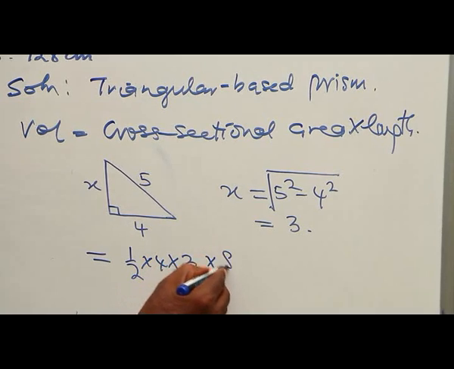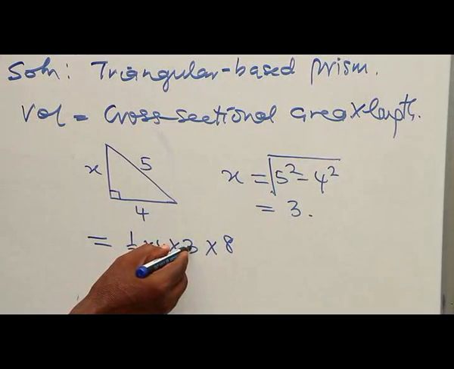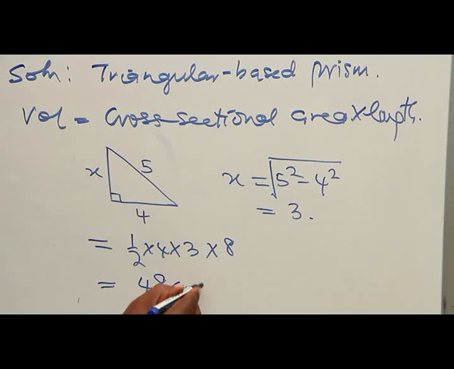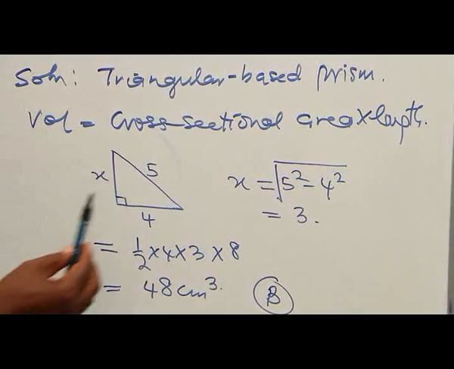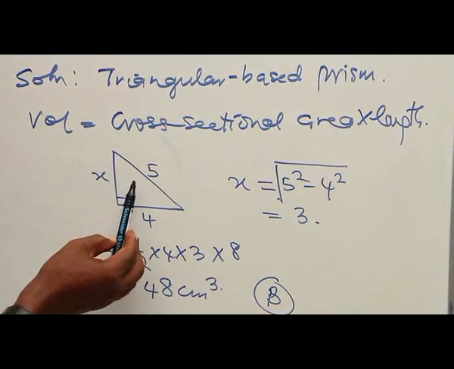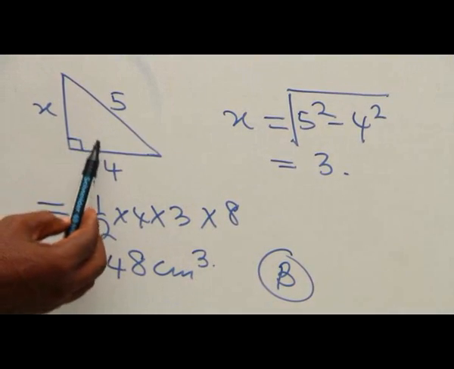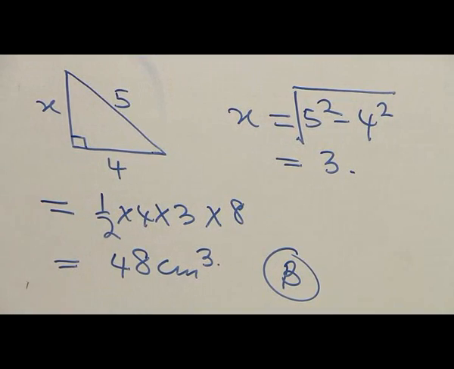Multiply this by the length, which is 8. When you do this, you have 2 times 3, 6. 6 times 8 is 48, and this is in centimeters cubed. Option B is the correct answer. Take note of how I have found the height of that triangle by bringing out the right angle triangle and then using Pythagoras theorem to find the height.